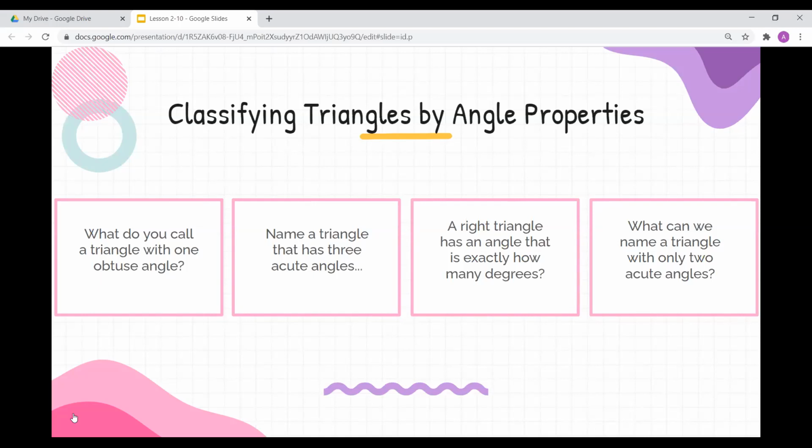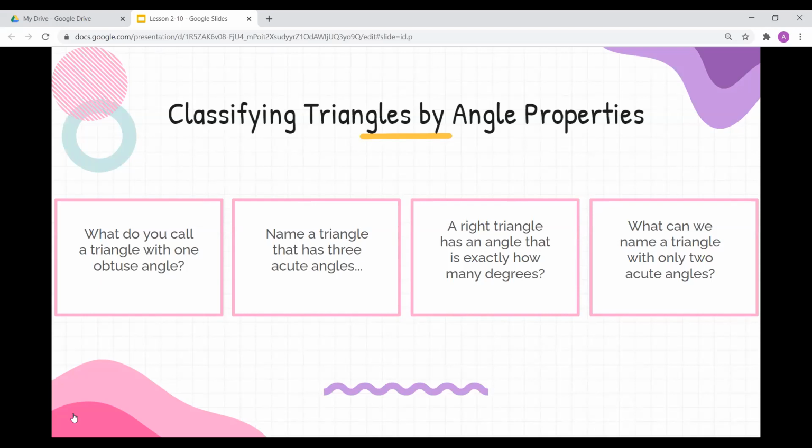Question number 2, name a triangle that has 3 acute angles. Number 3, a right triangle has an angle that is exactly how many degrees? Number 4, what can we name a triangle with only 2 acute angles? Pause the video now so that students can have time to write their answers.